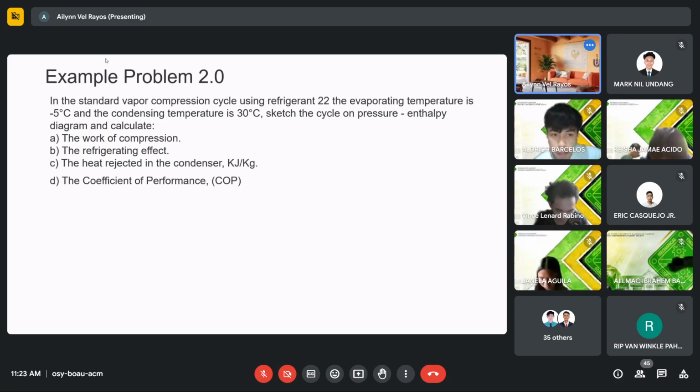Sige na nga, isama na natin to sa problem. Clear ba? Okay po, ma'am. Isama na natin to sa problem. Itong example problem. Since meron din naman tayong ipapasa next March 1. Question pa? Clarification?